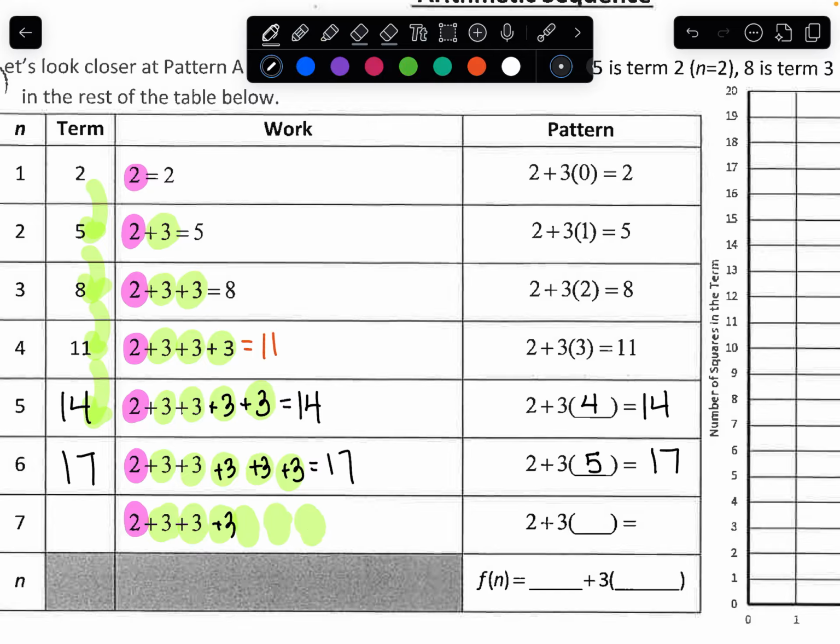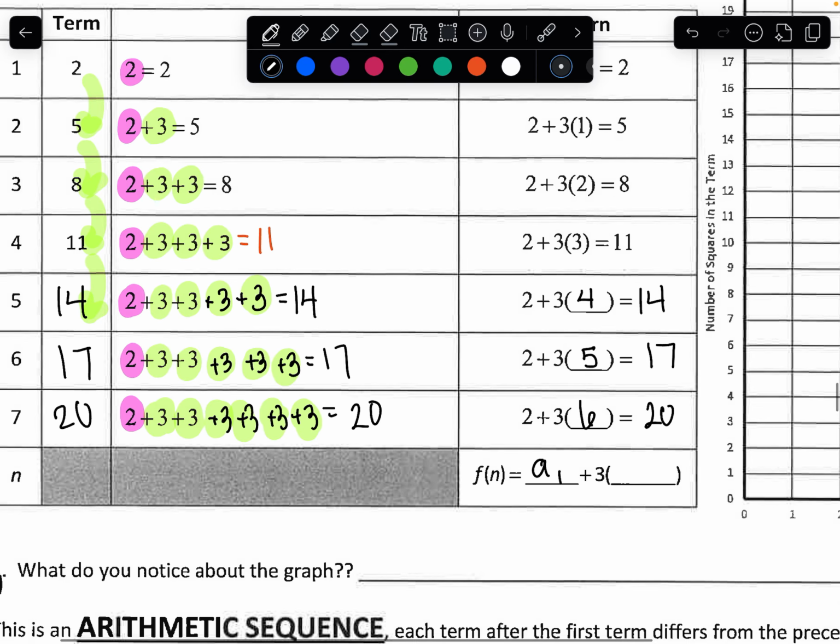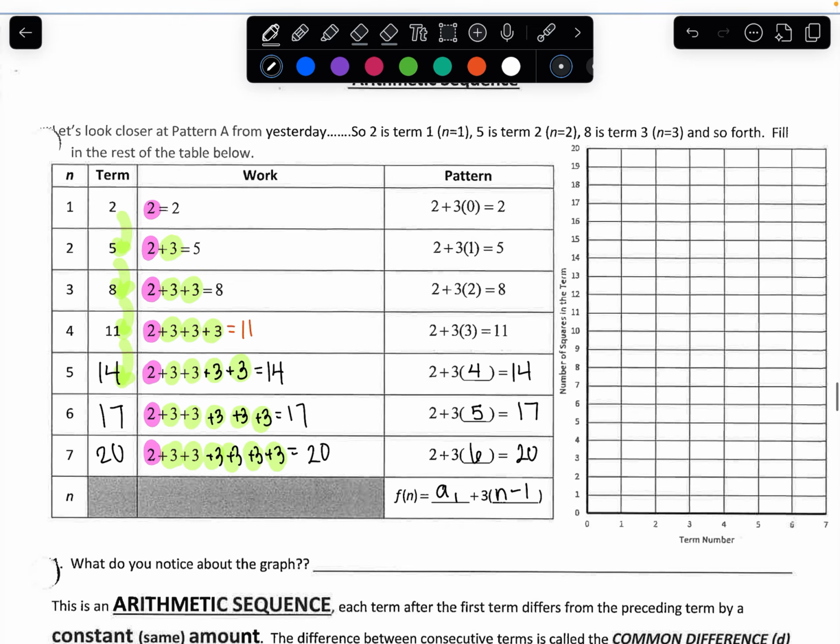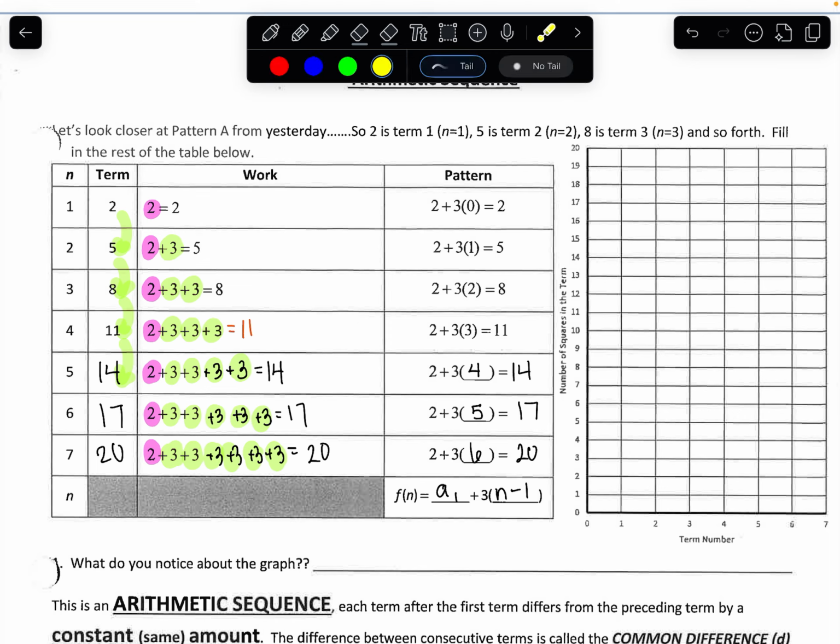So plus 3, plus 3, plus 3, plus 3 to get 20. And so what we're seeing is that we take our first term, we add it to 3 times our term minus 1. And that's where that n minus 1 comes from. So when we graph them, we're going to be looking at our n value and our term.